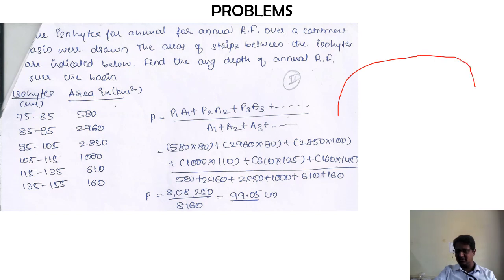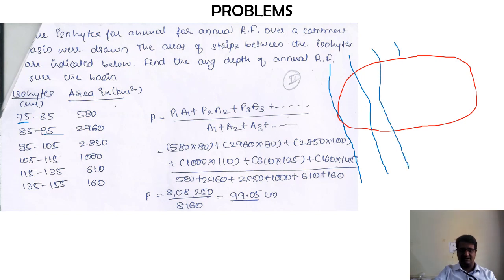If I just draw this catchment area with the isohyets, basically here will be the first one, that is 75, then we'll have 85, then 95, then 105, 115, then 135, and the last one is 155.